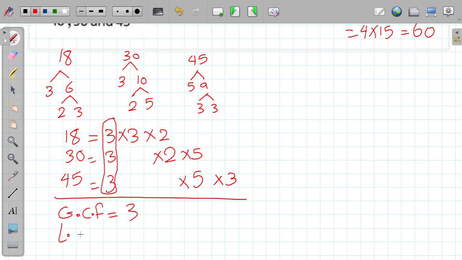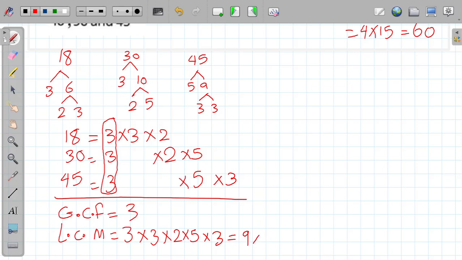And the least common multiple, we will take one number from every column. So here I have 3. The second one I have 3. The third one I have 2. The fourth one I have 5. And the last one I have 3. So 3 by 3 equals 9.